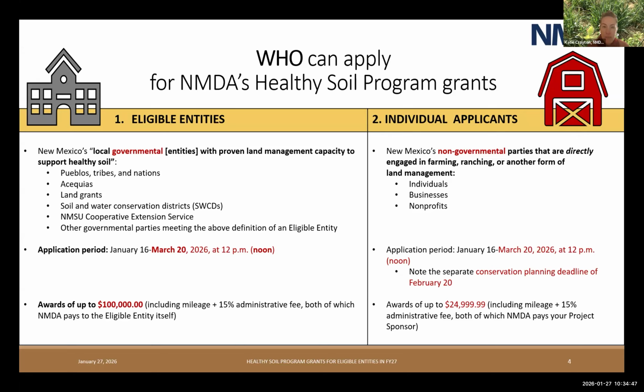We accept applications from them as well, our individuals, businesses, nonprofits. They've got a couple of hurdles to clear, including starting off with conservation planning, and that has to happen by February 20th, well in advance of the March 20th deadline for overall application submission. You'll notice there in the lower right-hand side of the screen that their awards are capped at just beneath $25,000.